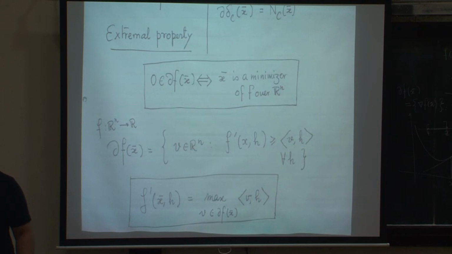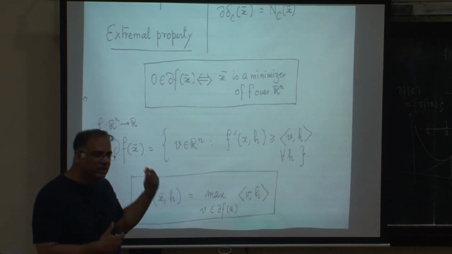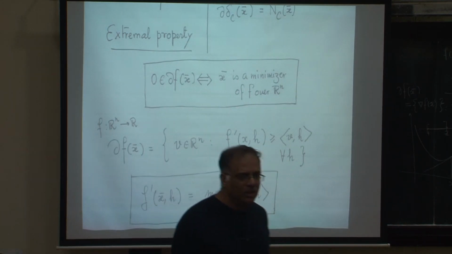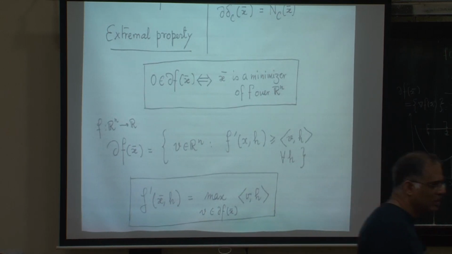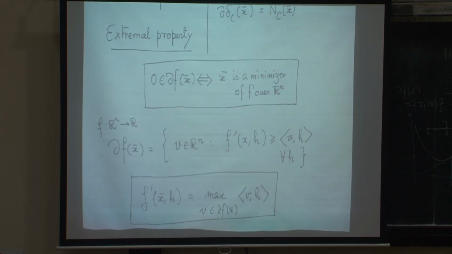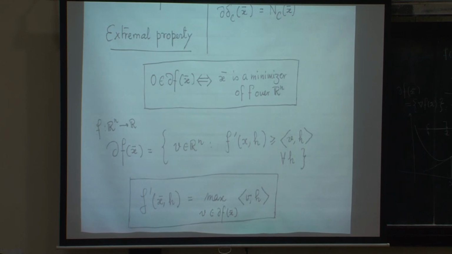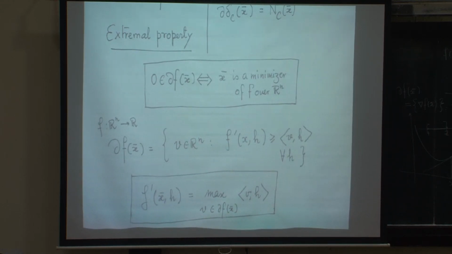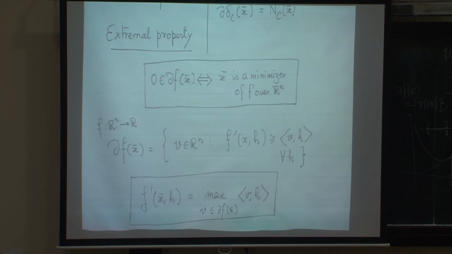Now, the subdifferential has a very interesting link with the directional derivative that we had already mentioned. We said that if the function is differentiable, then the directional derivative in the direction h is nothing but the inner product between the gradient and the direction.